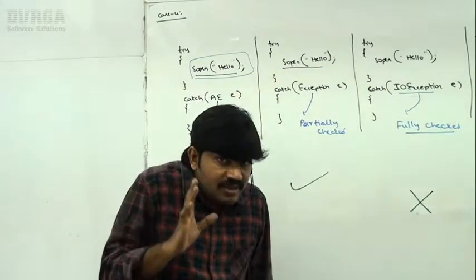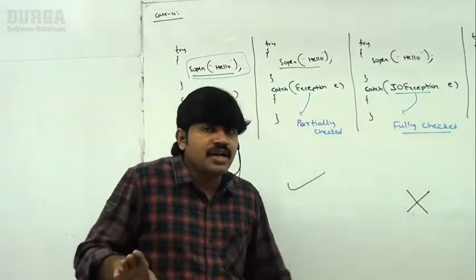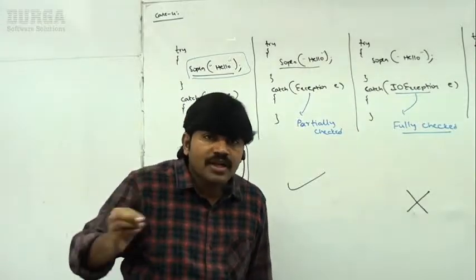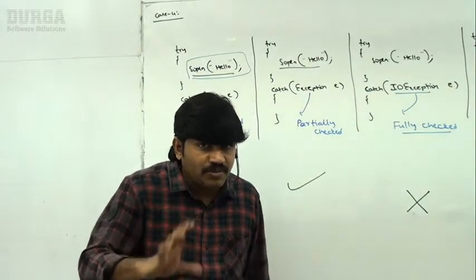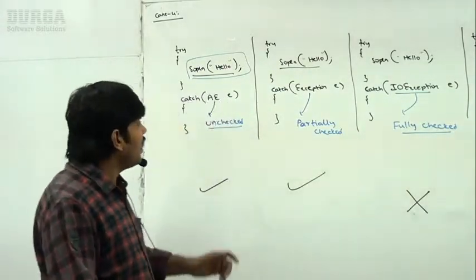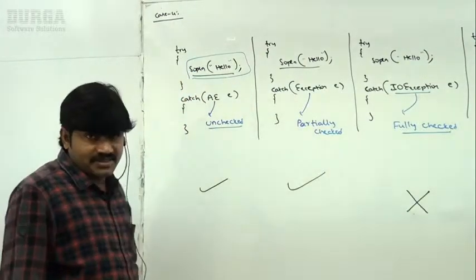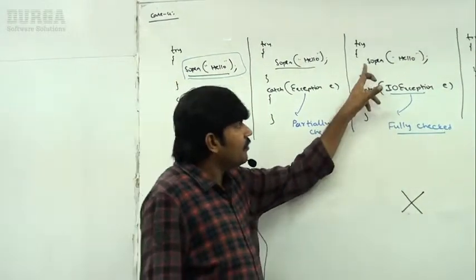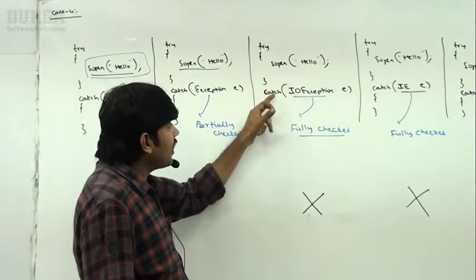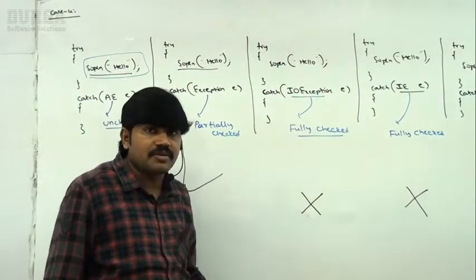Remember that. Sir, I'm not performing arithmetic operations, but you wrote a catch block for ArithmeticException. Okay, I'm not performing any IO operations, but you are writing a catch block for IOException.